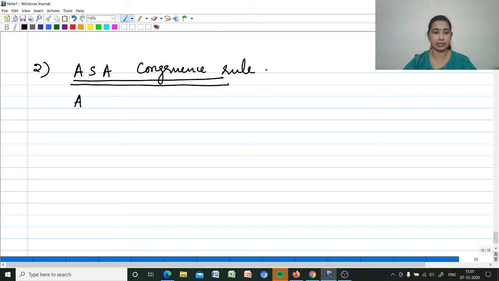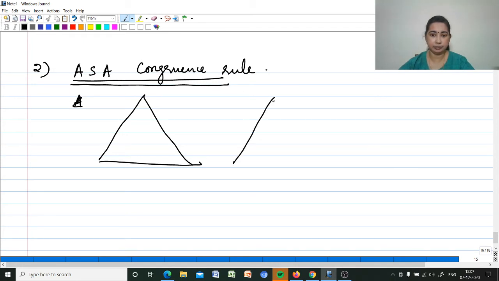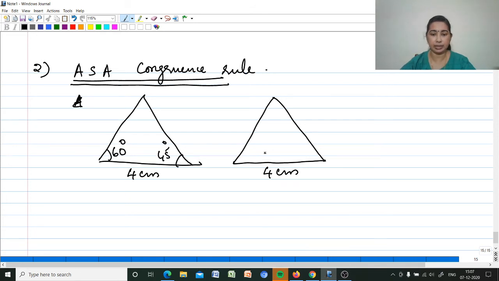I'll show you one example. This is one triangle, and another one. In this triangle this side is given as 4 centimeter, and this is 60 degree, this is 45 degree. In the second one also, this is 60 degree and this is 45 degree.